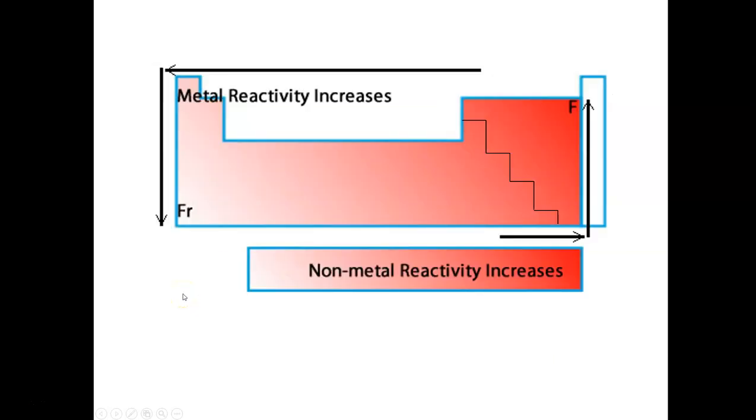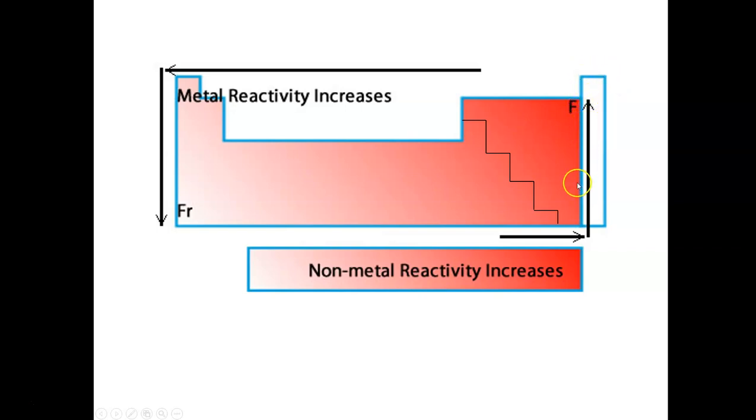Reactivity is another property we're going to talk a lot about. Reactivity just simply means how much does it go out and actually react with other things. So, for instance, for the nonmetals, reactivity increases as you go to the right and as you go up.